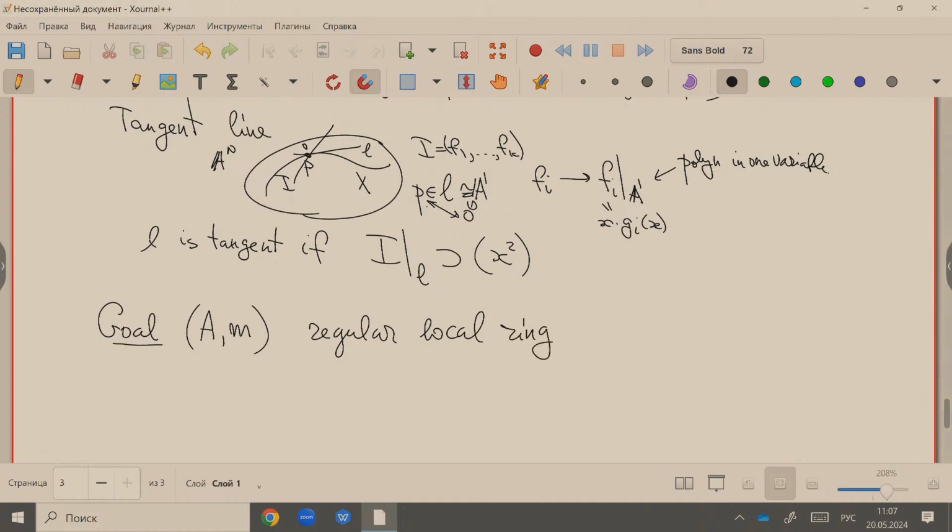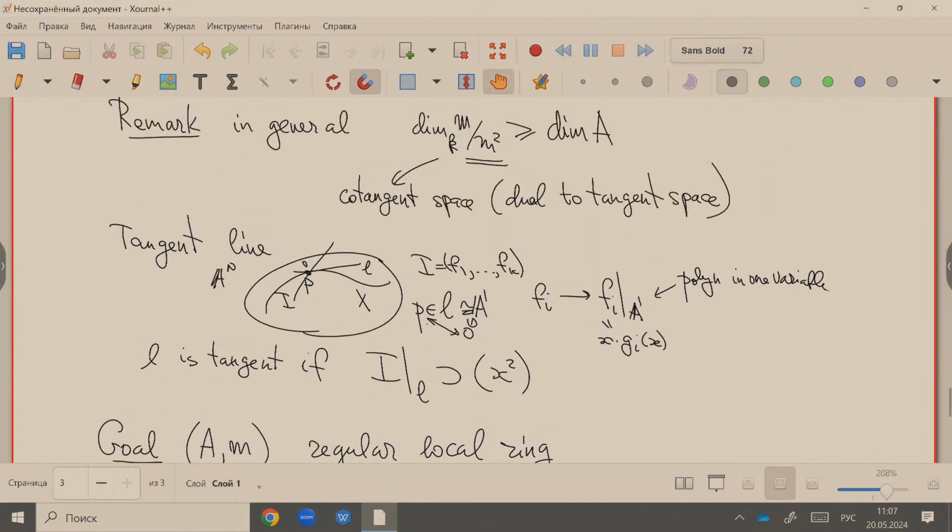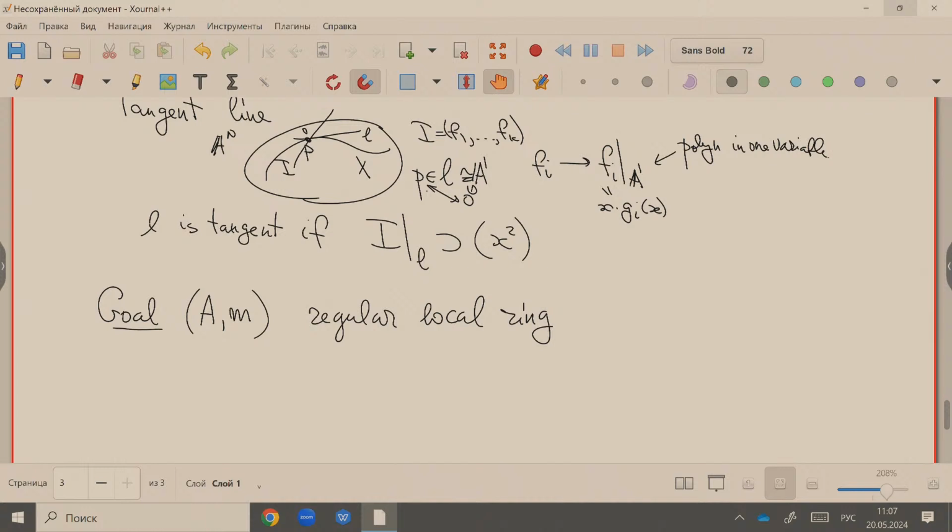I want to prove that it doesn't have zero divisors. So the proof will be like this. As a byproduct of the proof, we will also see this inequality for general rings. So, a regular local ring has no zero divisors.